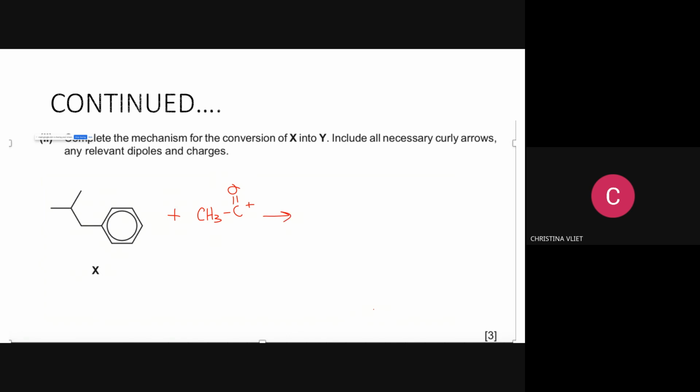The ring grabs the plus, and then the ring breaks. Here we don't have a choice, we have to put the acyl here.